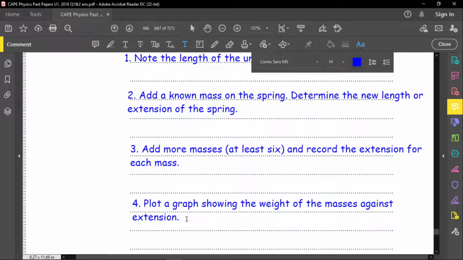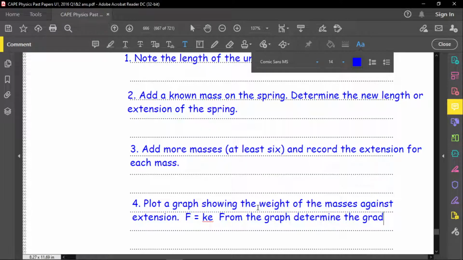So what you can also do right here is to find the gradient of the graph, okay? So I'm going to show you something here first though. Just remember that force is equal to the constant multiplied by extension, right? So what they want to find here is the constant, which is k. So based on the graph, you're going to say from the graph, determine the gradient.